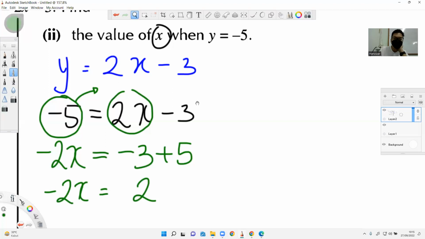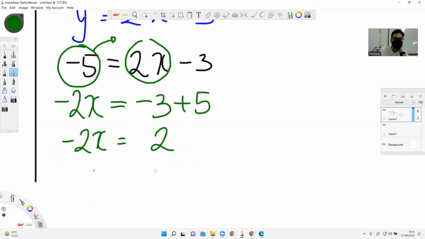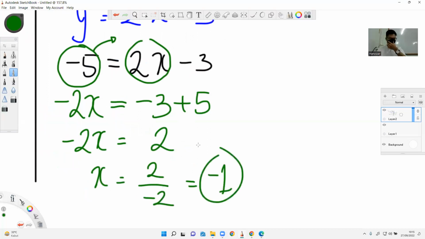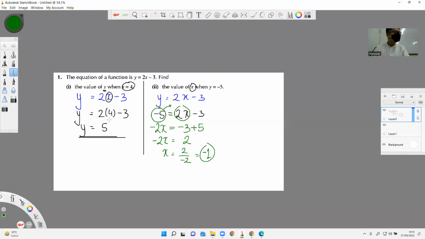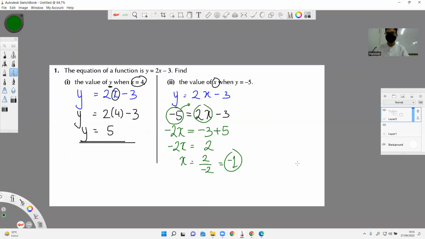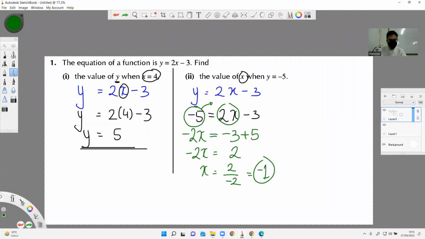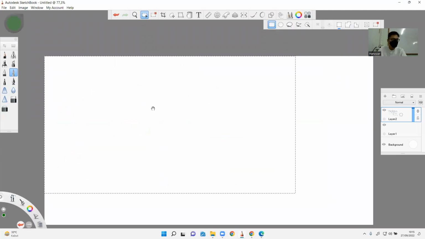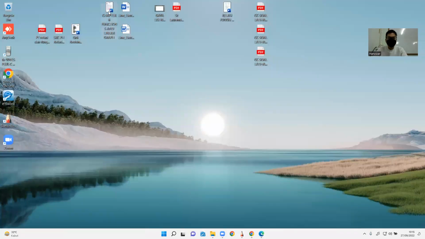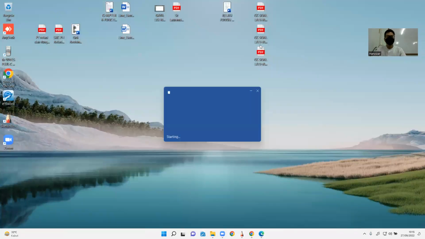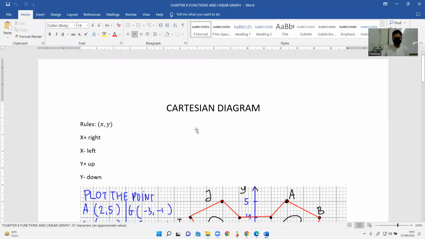How do you find x? Divide over negative 2, so x is negative 1. That's it. Any question? Easy, yeah? I don't underestimate you, but it really is easy for you, because you already learned this in our previous chapter, chapter 5. I'll send this to you in detail.